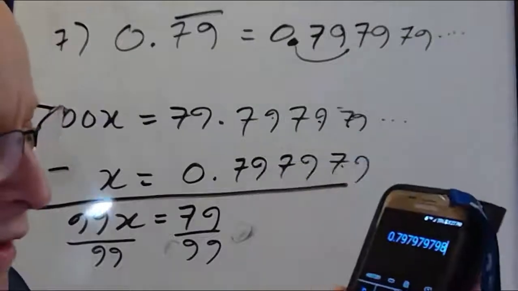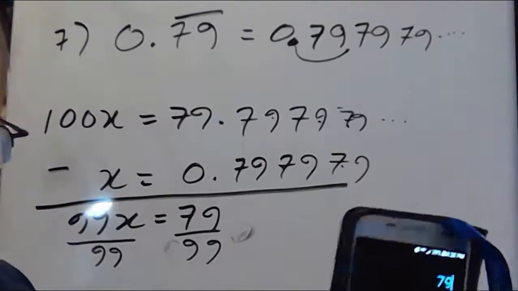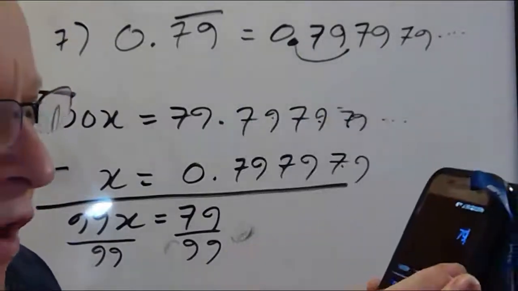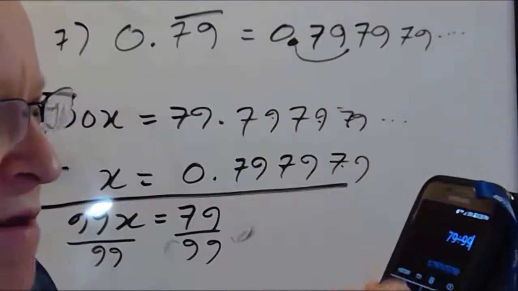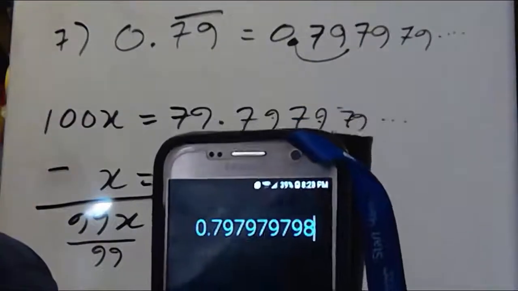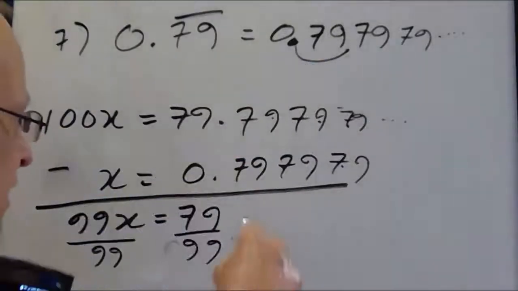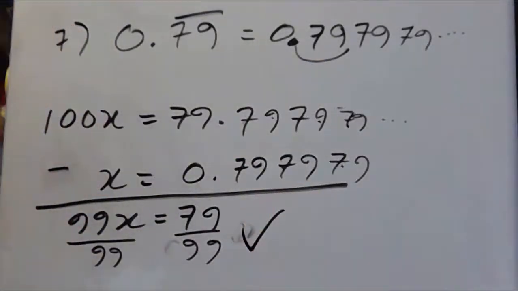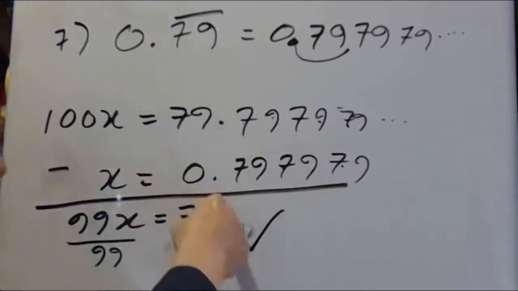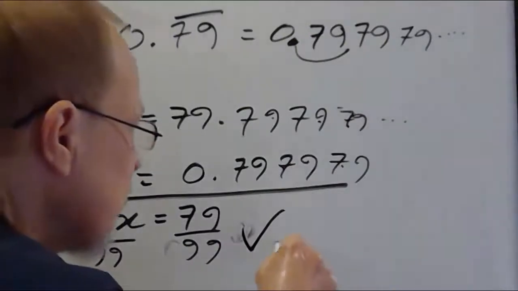So I'll do it again so you could see better. 79 divided by 99, and then equals, and there we have our original back, and that's what should happen. So indeed, this is correct. So it's always a good idea after you do this to check to see if you get back your original decimal.